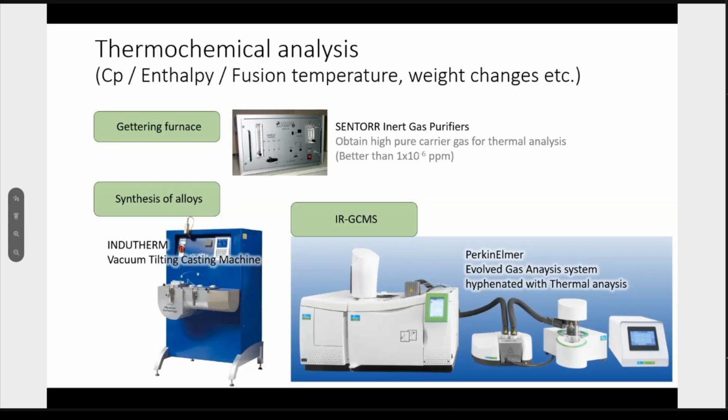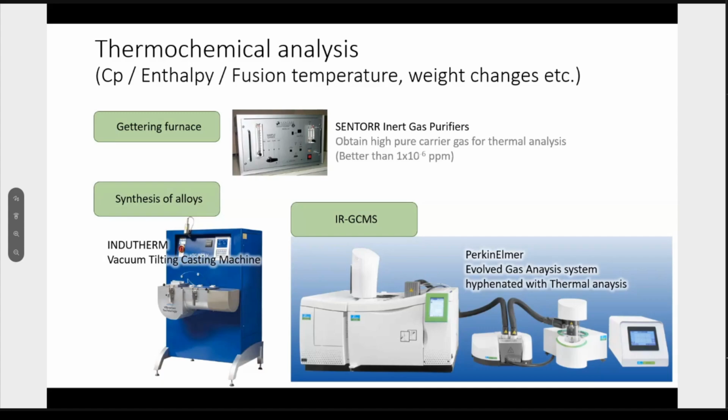Even this purity is sometimes not good enough for elements which are very sensitive to oxygen, such as nickel alloys. So to improve our measurement accuracy, this gettering furnace is really essential for our research.